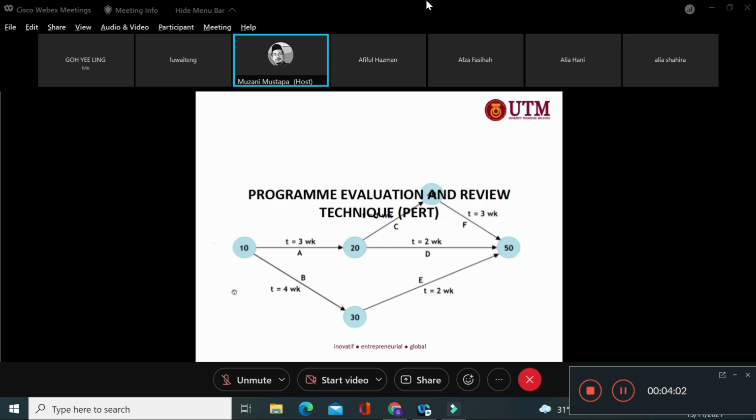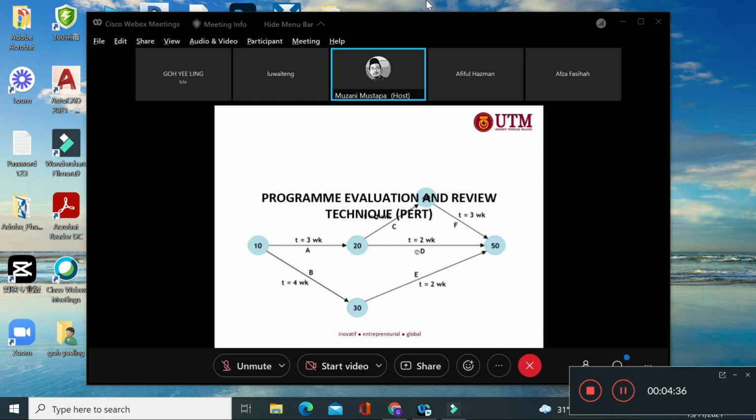A dummy line is where, for example, D is an activity and the predecessor of D is A. When the question asks you to list down the logical sequence, you may come across one activity that has more than one predecessor.